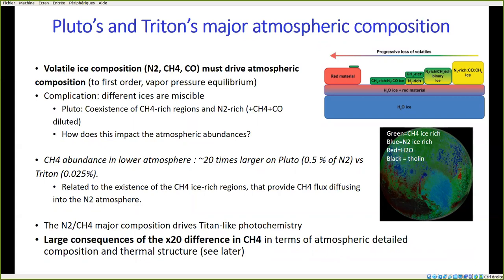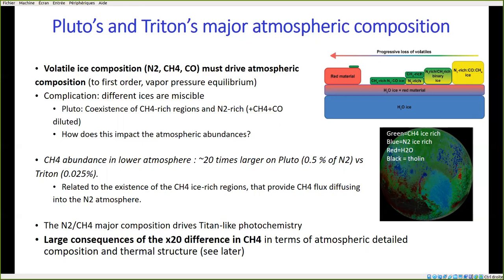And general circulation models that incorporate these different volatiles now find that the elevated methane abundance in Pluto's atmosphere is ultimately caused by the existence of these regions that are shown here in green and which are rich in methane ice.